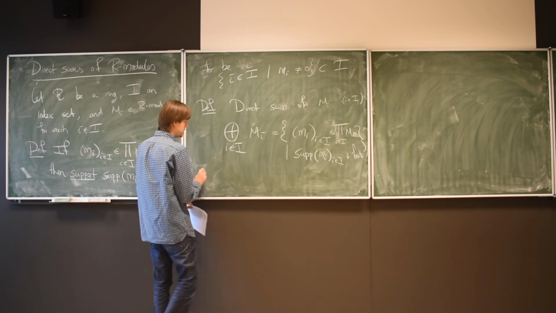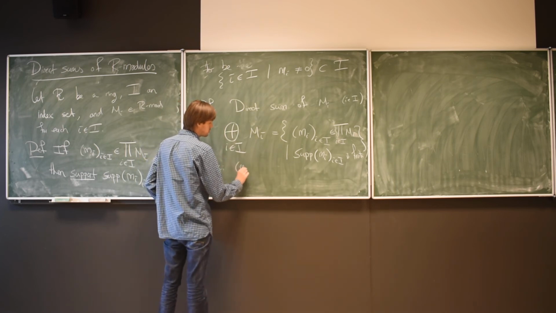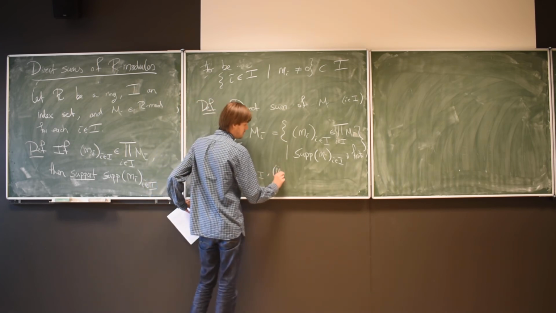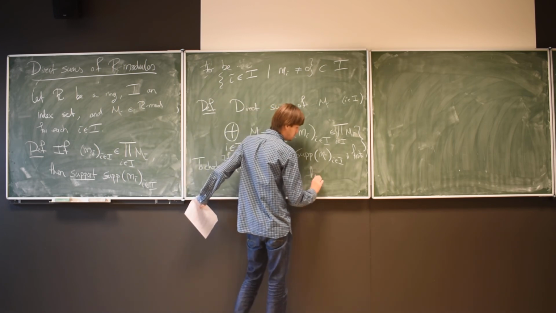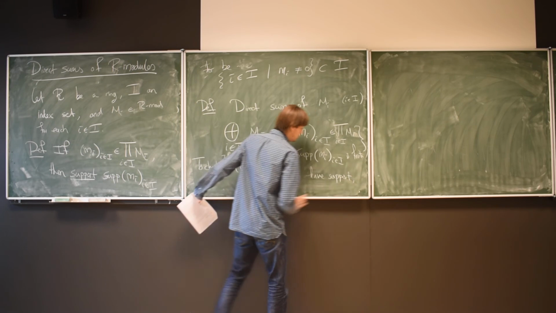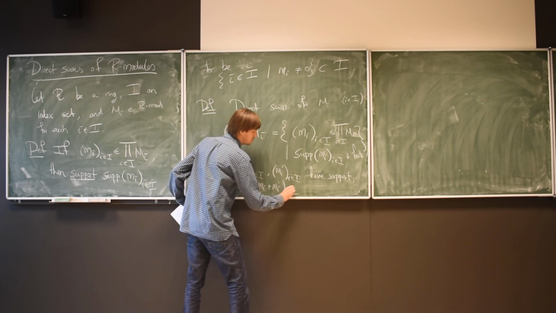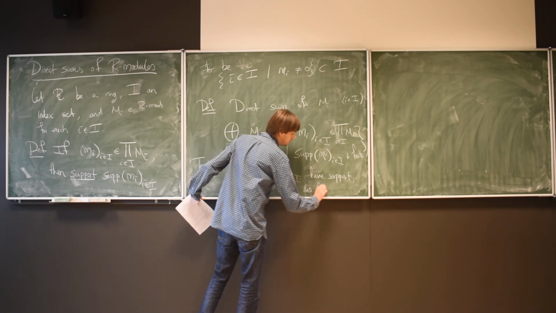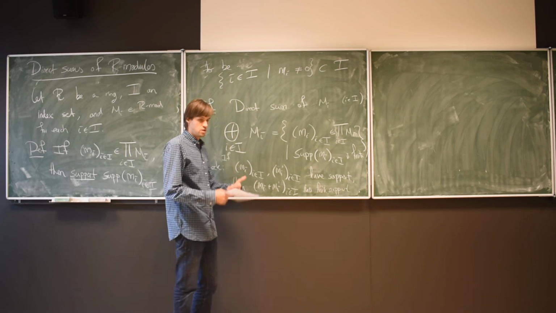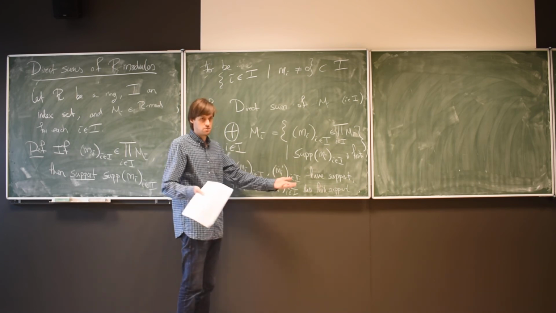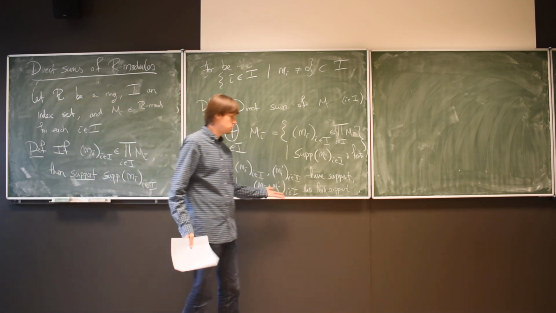So it is quite easy to see that. So we check: if I have two tuples (mi), i in I, and (mi'), i in I, and these have finite support, then mi plus mi' also has finite support. Right? Because suppose the support of the first tuple is some subset A, the support of the second tuple is some subset B, then the support of this sum is going to be a subset of A union B, which is a union of two finite sets, so it's a finite set.